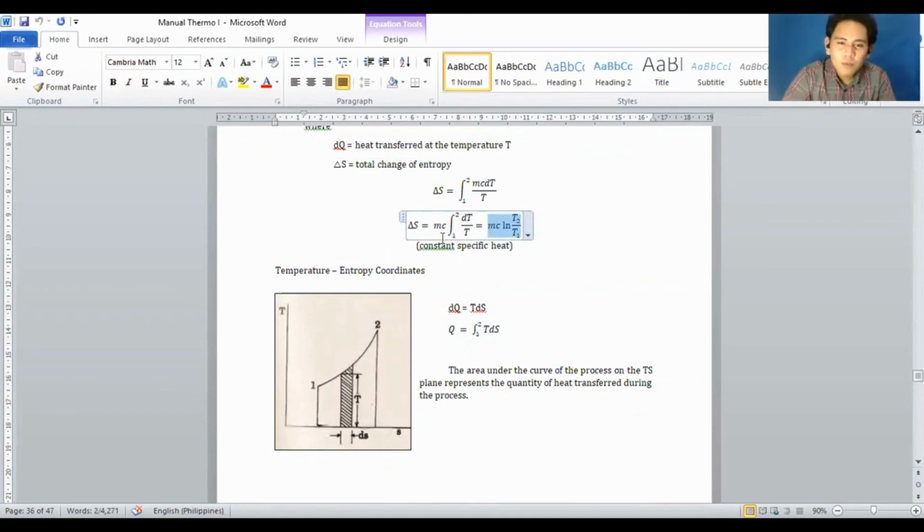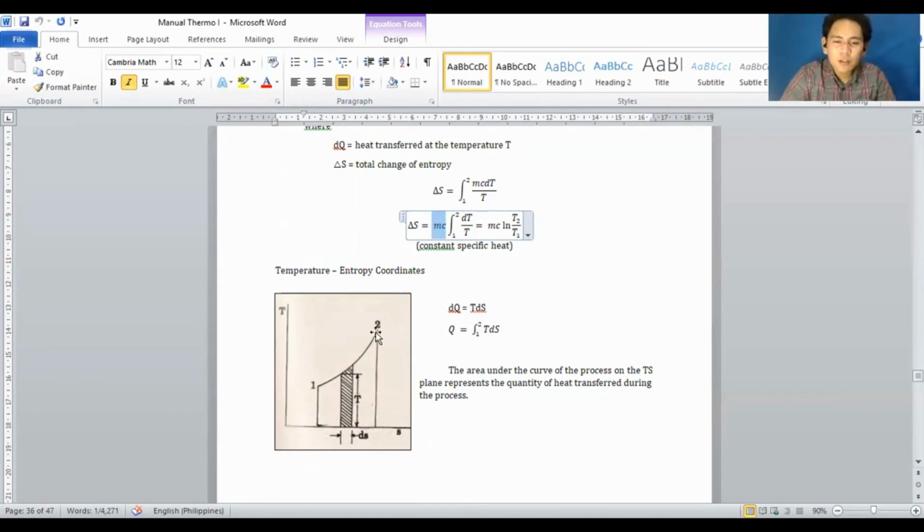Your delta S would be MC ln T2 over T1. I will not show you the simplification of this integration, but the template for this kind of integration would be ln T2 over T1, and we have your MC since it is a constant. So therefore, your delta S, or change in entropy, is MC ln T2 over T1.